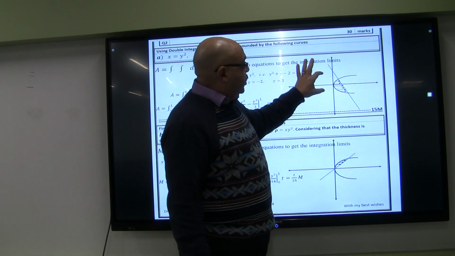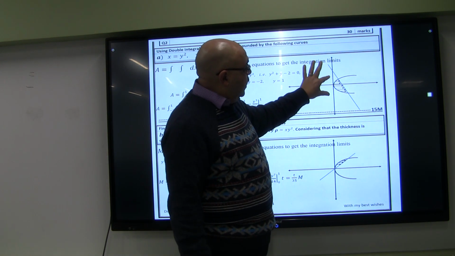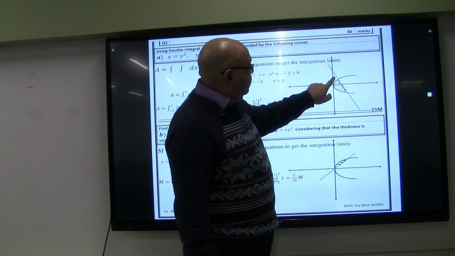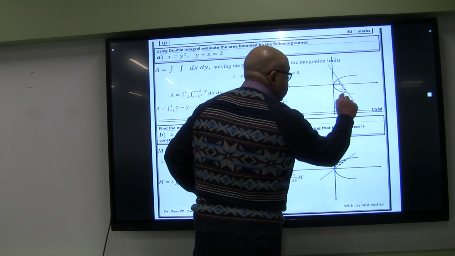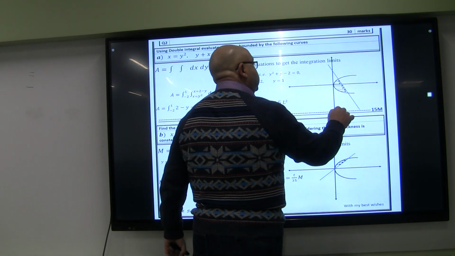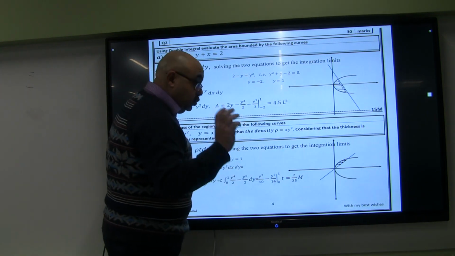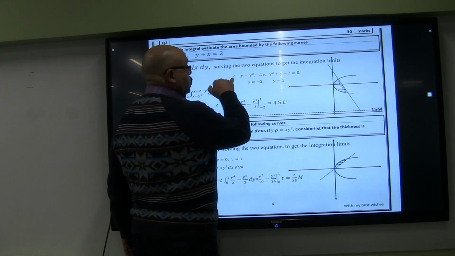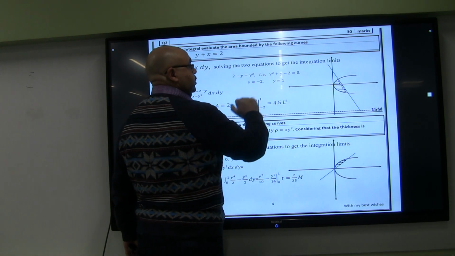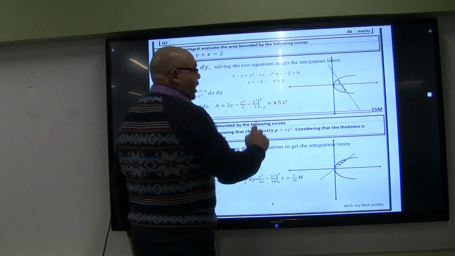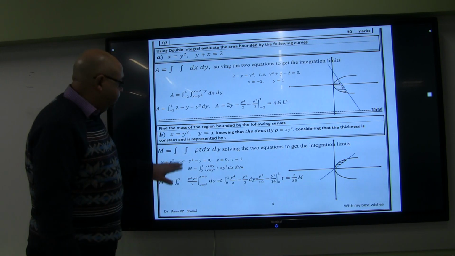I will start integrating in the y direction from these two points, so I need to find the values of y at the intersection between these two curves. I will have to solve these two functions together. So 2 minus y equal y squared, you will end up having y at negative 2 and y at positive 1, and the area will be 4.5.